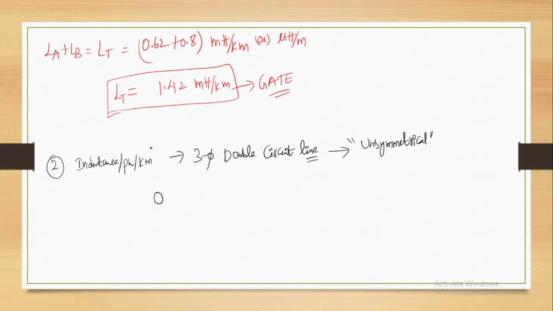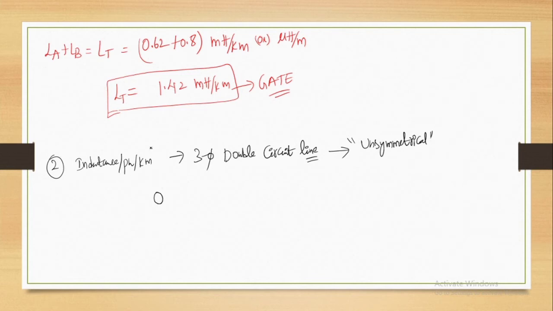Each circuit of the line remains on its own side, means during the transposition cycle we don't interchange both sides. We interchange the conductors on the same side for each and every part of the transposition cycle, right? That is the fact given in this problem.